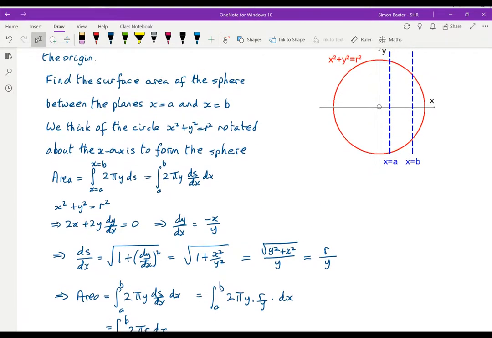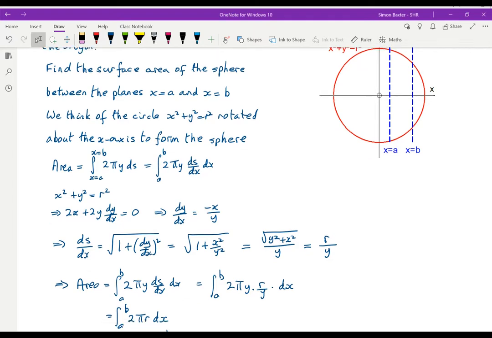Well, if I want to go over the whole sphere, I would have to go from minus r up to plus r. I'd have to work from a is minus r to b is r.